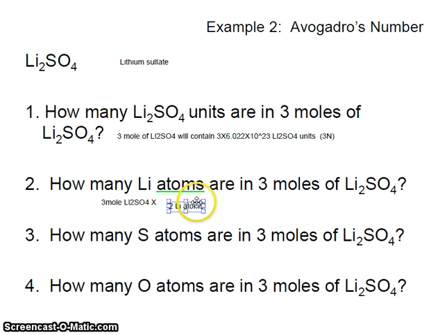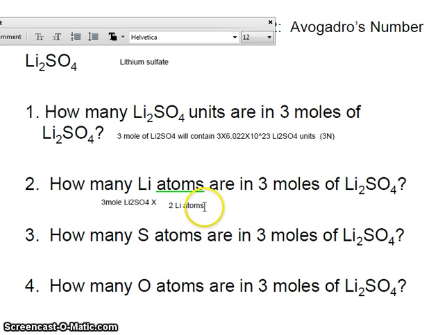For some reason it won't allow me to use the underline here, but anyway, what I want to tell you is you can use the dimensional analysis method. Since there are 2 lithium atoms per mole of Li2SO4, so instead of showing the underline, I was trying to show you what it'll look like, but per means the same thing.